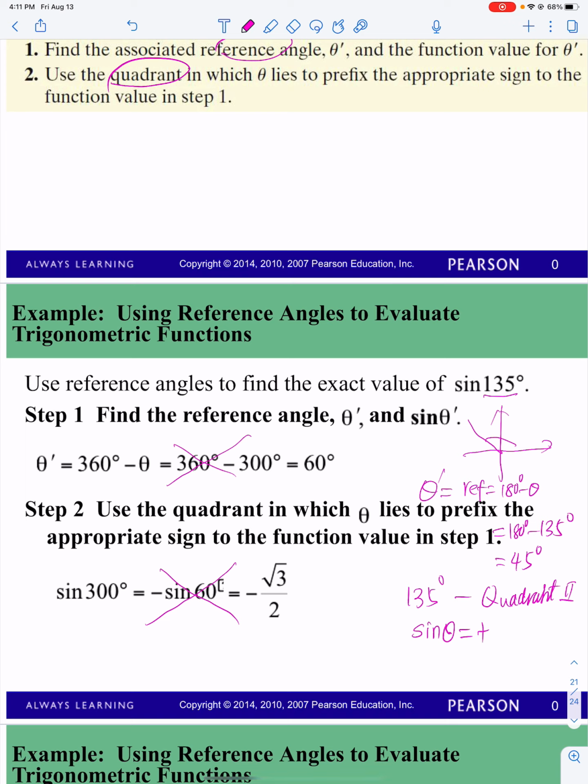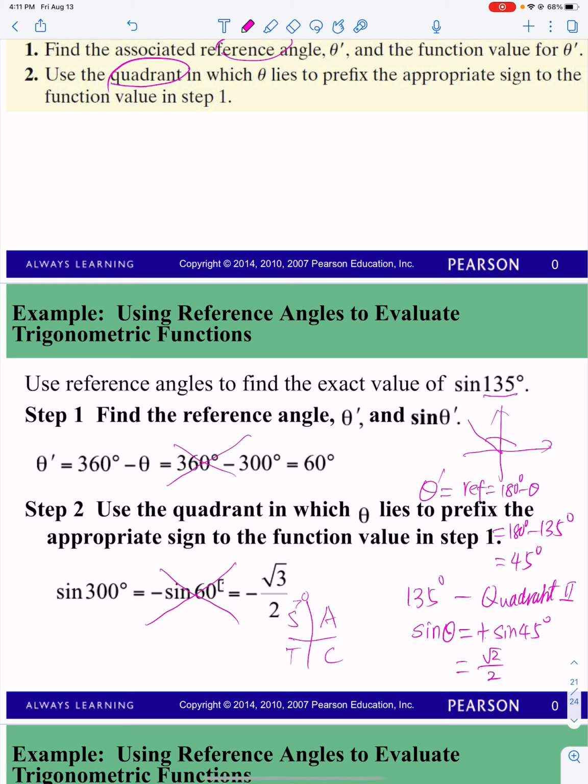So sine of 45 degrees is square root of 2 over 2. Because in quadrant 2 sine is positive, by ASTC, we choose positive sine 45 degrees. I think they are doing a different question, not this question here.